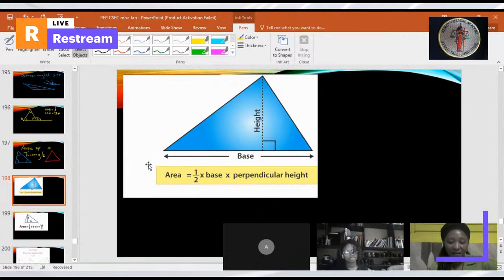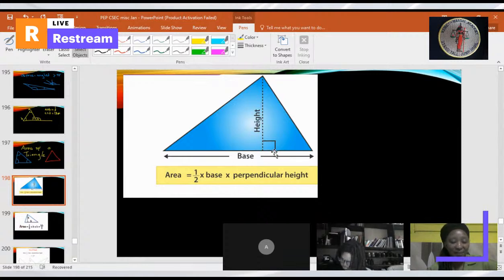The side that the triangle sits on is the base. The height is the distance from the base to the top of the triangle. The height meets the base at right angles. So there's a 90-degree angle between where the height comes down and touches the base.